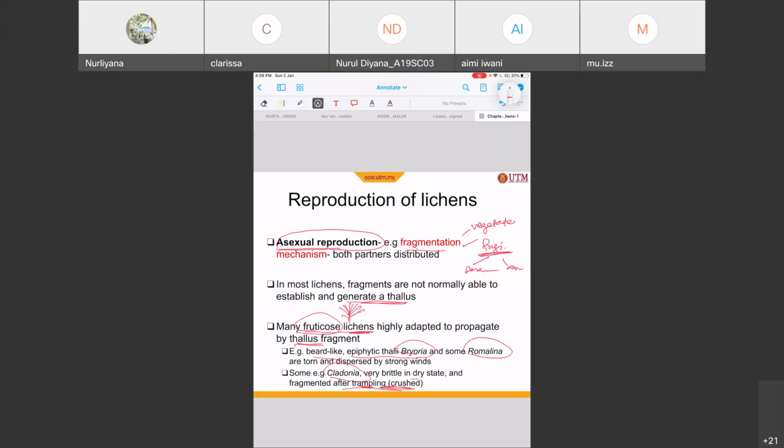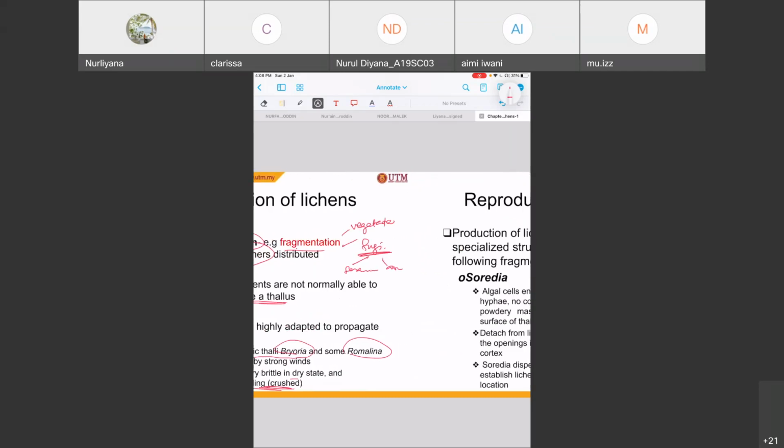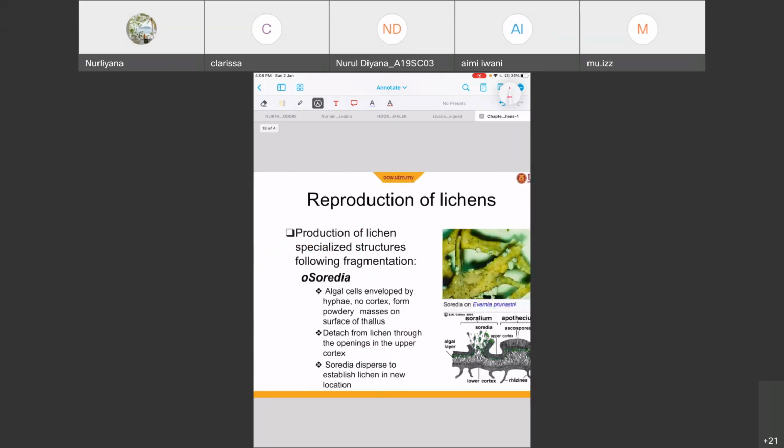When they reproduce sexually, they involve both partners. When they do vegetative reproduction, they mainly have two types of special structures. This is a specialized structure.